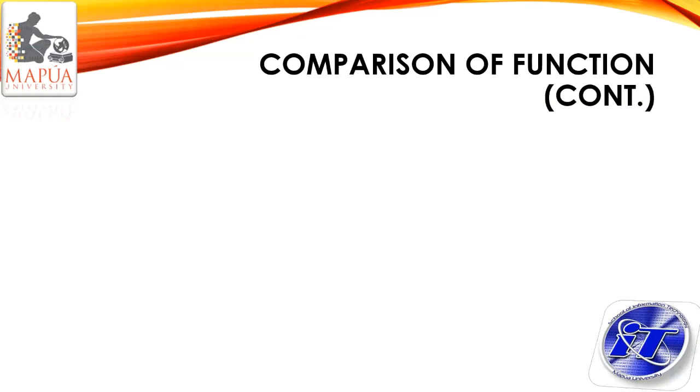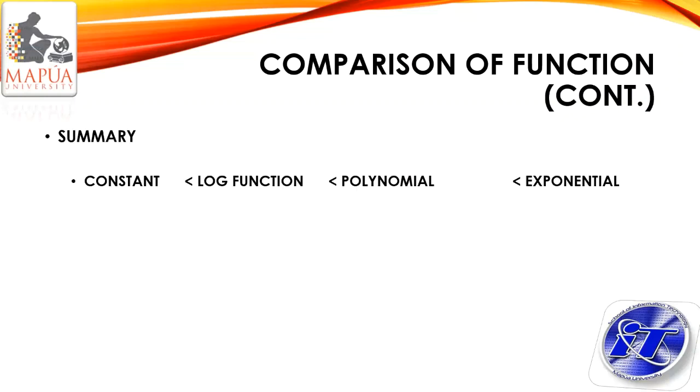Okay, just a summary: constant is less than the growth rate of the log function, the log function is less than polynomial, and the highest growth rate is exponential.